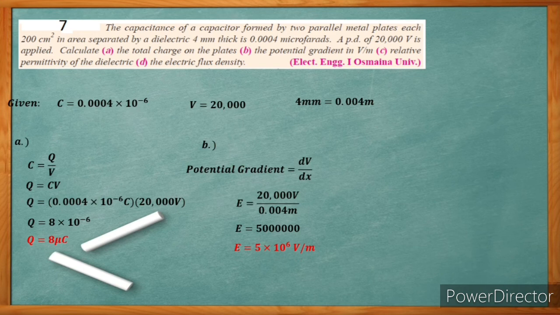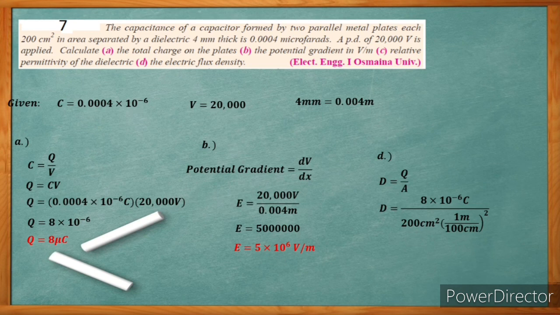Using the formula, D is equal to Q over A, and then substitute the value for Q and A. So we have D is equal to 8 times 10 raised to negative 6 coulomb divided by the area, which is 200 centimeters squared, and convert that into meter by multiplying 1 meter and dividing 100 centimeter, in squares.